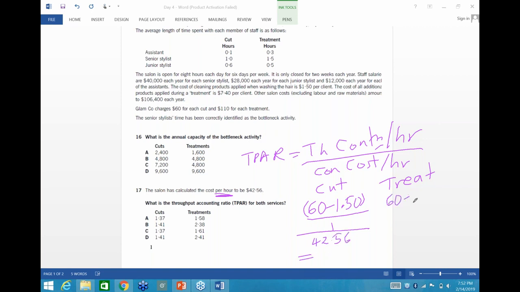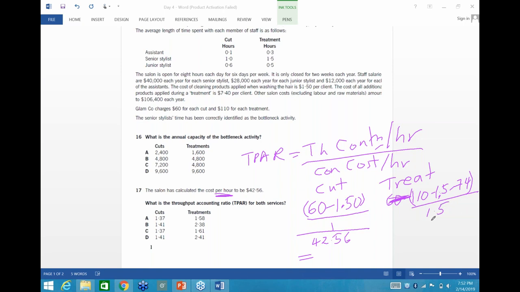Treatment: 110 minus 1.5. Then there is another 7.4 to be minused. So that is for 1.5 hours.